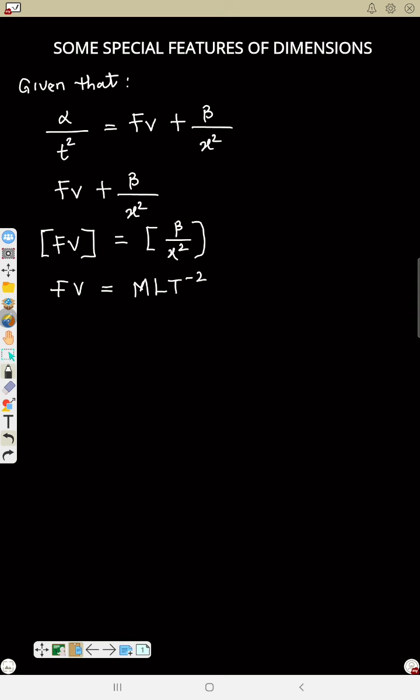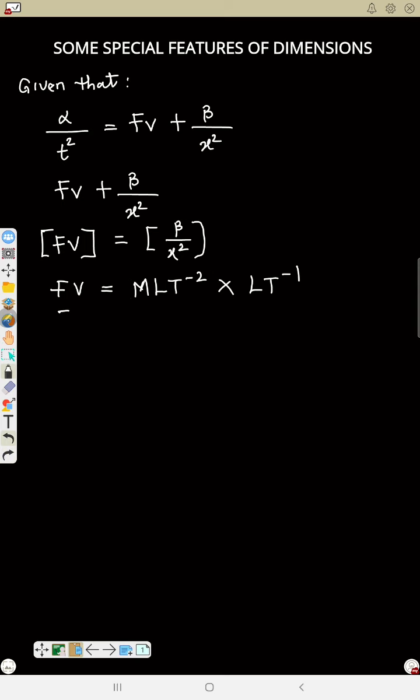You should know the dimension of force by now from the first video on dimension. So now fv is equal to MLT raised to power minus 2 times v, LT raised to power minus 1, because v is velocity. The dimension of velocity is LT raised to power minus 1.